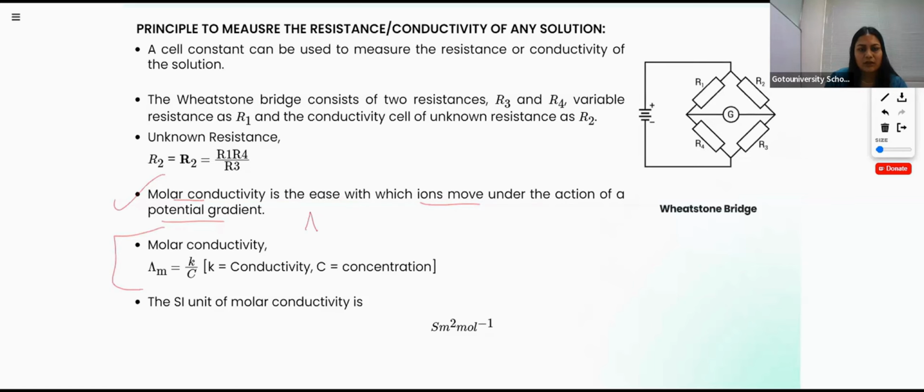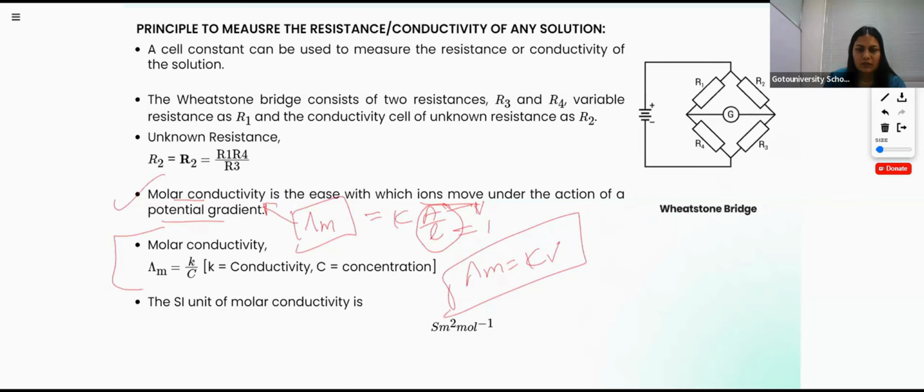Lambda m, molar conductivity, is equal to kappa into A by L. If we use A equal to the volume of solution, that is V, and L equal to 1, then lambda m will become equal to this.